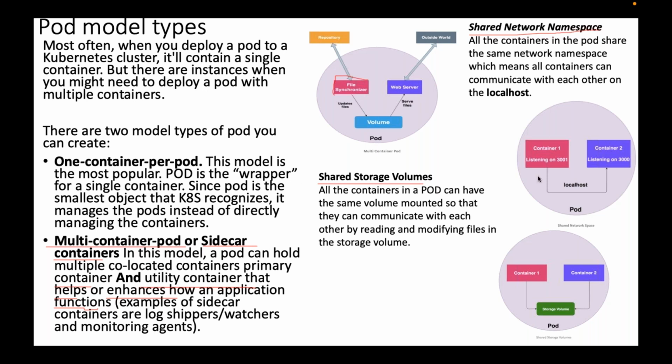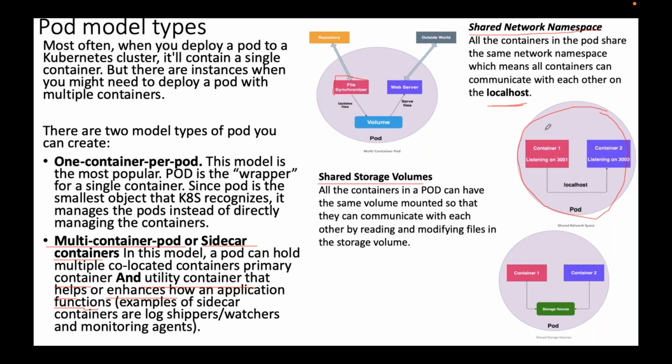How can they communicate? If they are running in the same pod, they are sharing the same network space, so they will be able to communicate with localhost. Pod is a logical unit of containers.